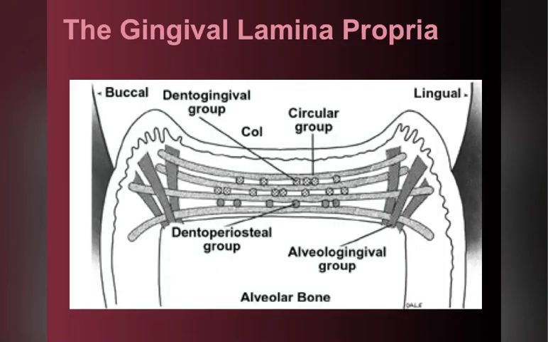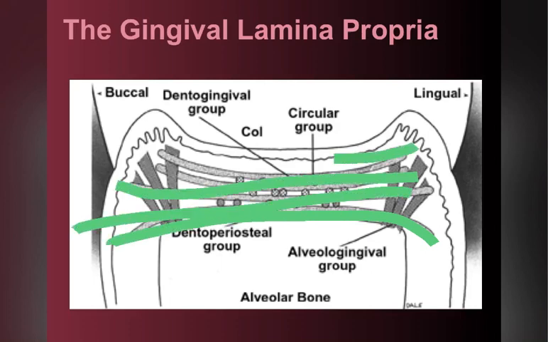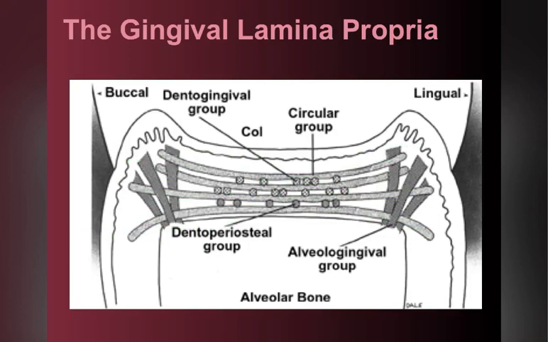This figure also shows some of the gingival fibers. Here we have the alveolo-gingival group, and here the fibers running in this direction are the circular group. This section is a longitudinal section in the interdental papilla between posterior teeth, where we see the depression col region.